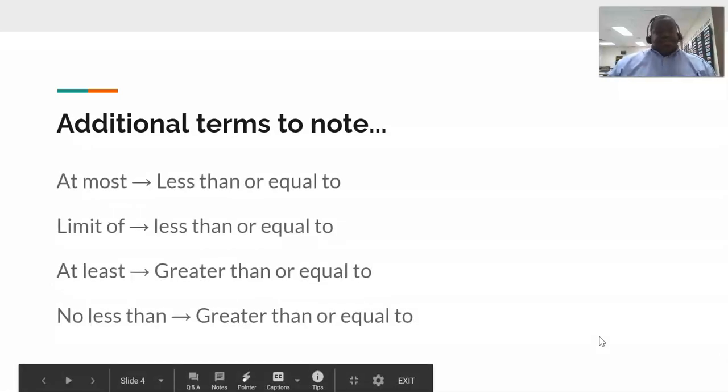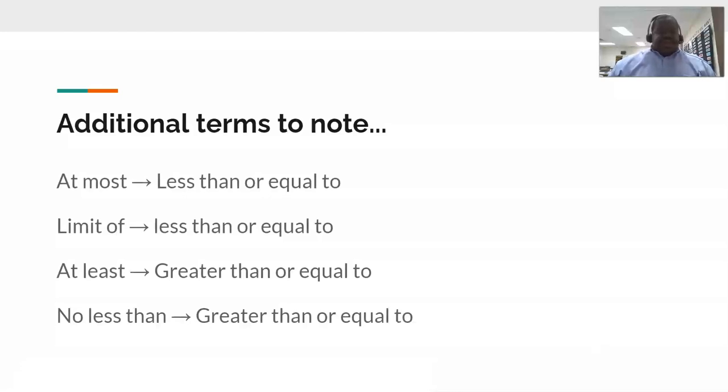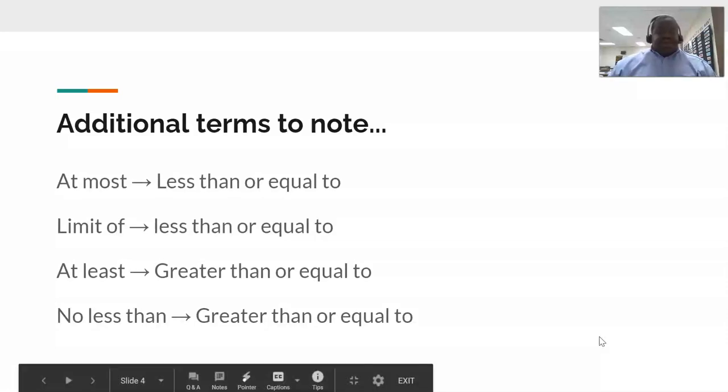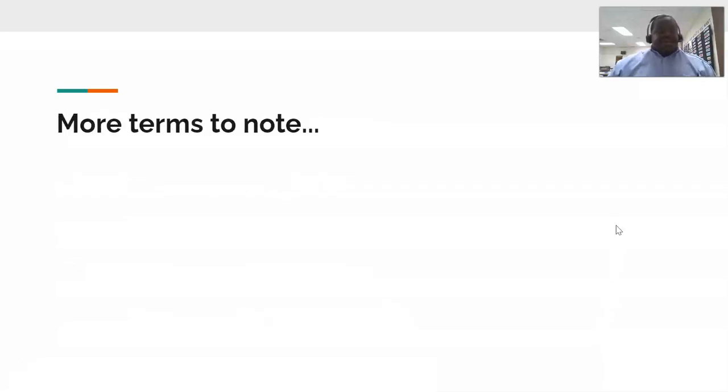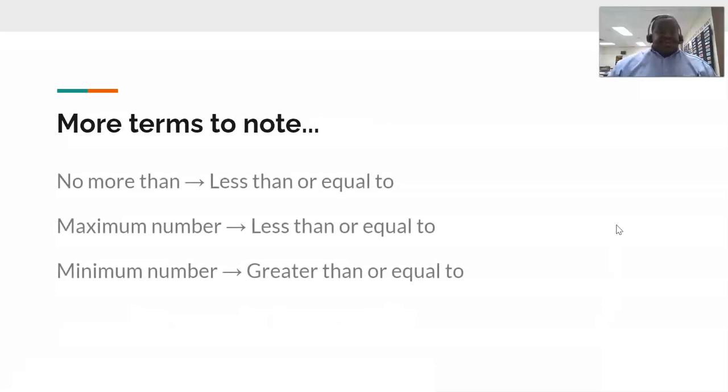At most, which tells us we're going to use a less than or equal to sign, a limit of, less than or equal to sign, at least, greater than or equal to sign, no less than, greater than or equal to sign. More terms to note, no more than, less than or equal to sign, maximum number, less than or equal to sign, minimum number, greater than or equal to sign.